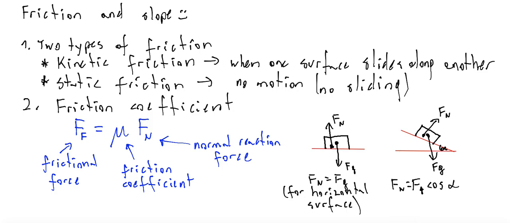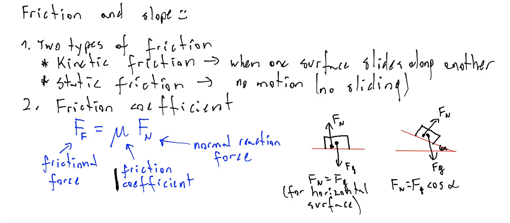So let's get back to the friction coefficient. Let's look. It's something like a coefficient of proportionality between the normal reaction force and the frictional force. So if the friction coefficient is small and the normal reaction force is small, then we have a small frictional force. If the friction coefficient is huge and the normal reaction force is huge, then we have a huge frictional force.